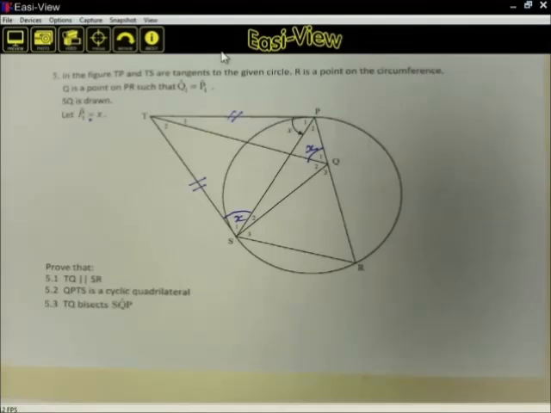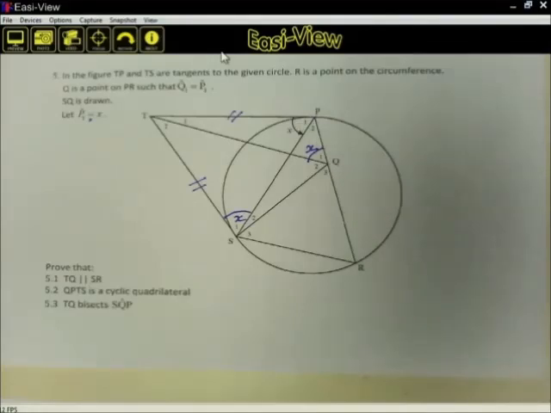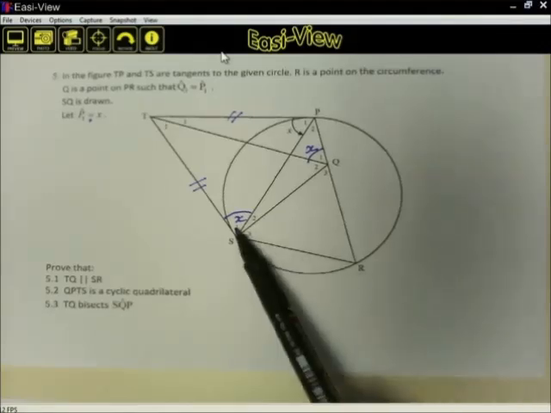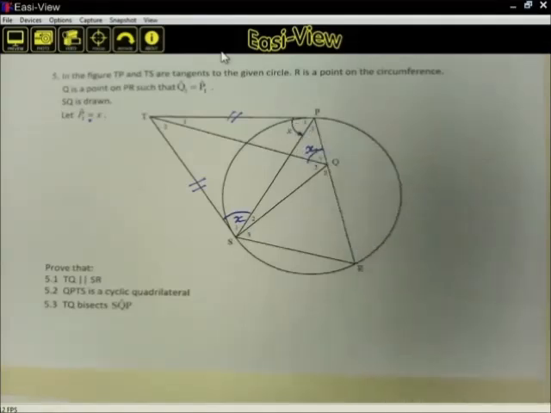Let P1 be equal to X, okay? P1 already marked X there. So already, even before you attempt to answer the questions, you can see that S1, Q1, P1 are the equal angles. From analyzing the diagram, the geometric rider. Now, let's go to the questions.